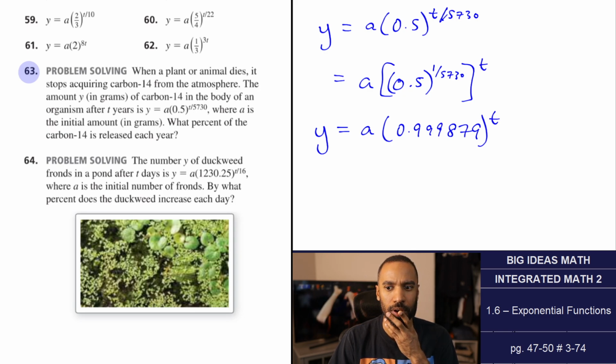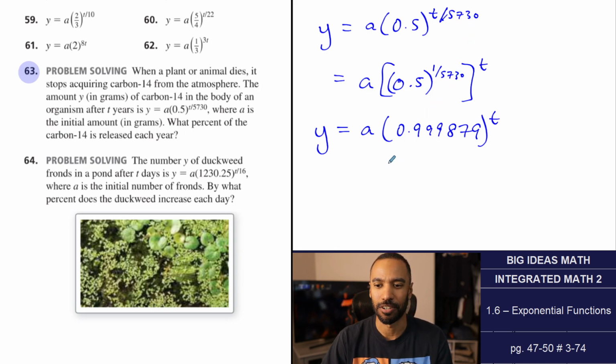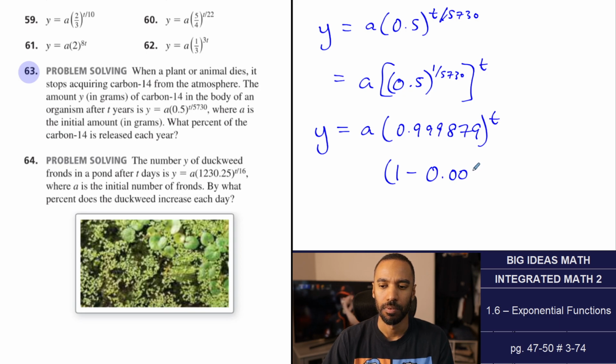Okay, 0.121. I'm sorry about this, the calculator is doing something really weird. So this is 1 minus... hold on, I don't want to get this wrong. Is it 0.000121? I think. 1, 2, 3, 1, 2, 3, 4. Yes, okay.